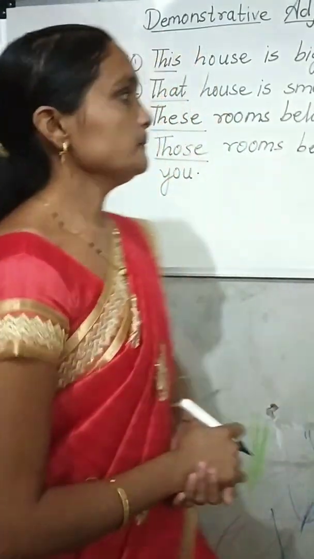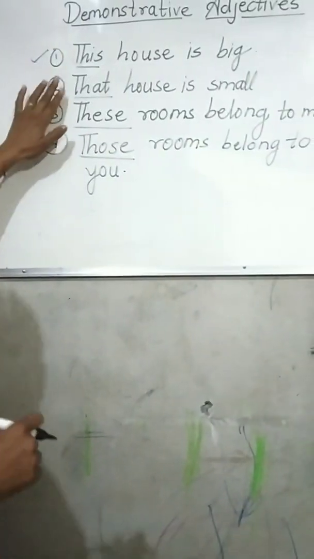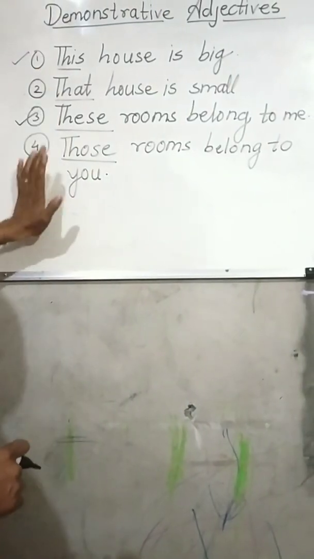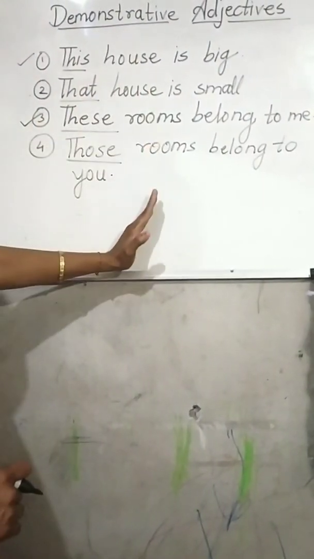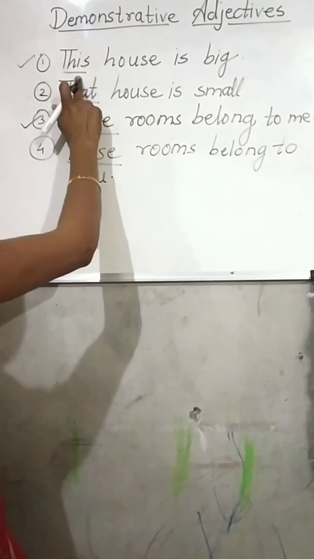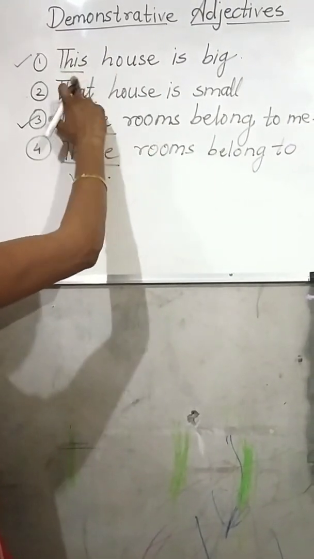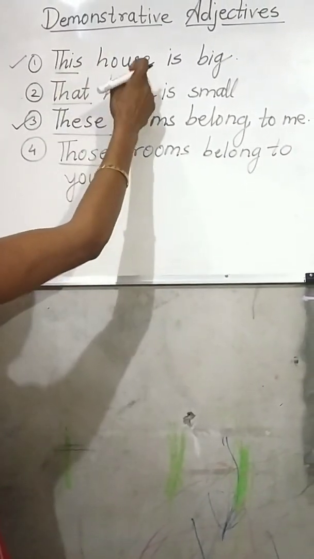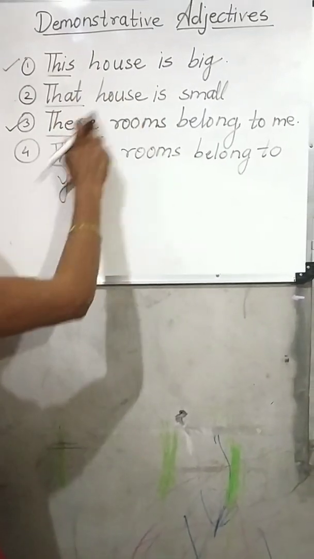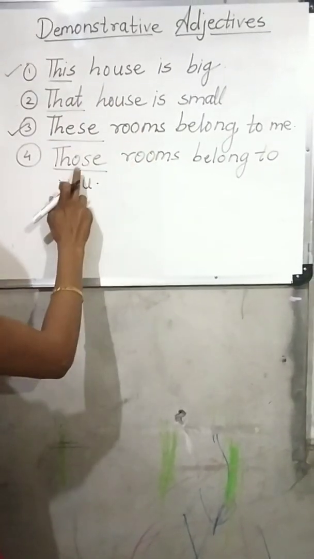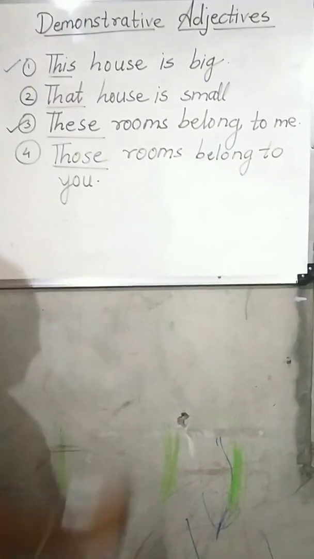Children, in the sentences, the words I have underlined are showing these nouns. After the demonstrative adjective, immediately you can find the noun. This house, house is the noun. That house, noun. These rooms, this is the noun. Those rooms, this is the noun.